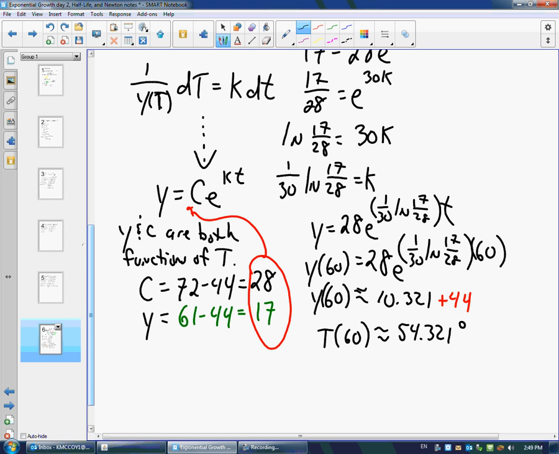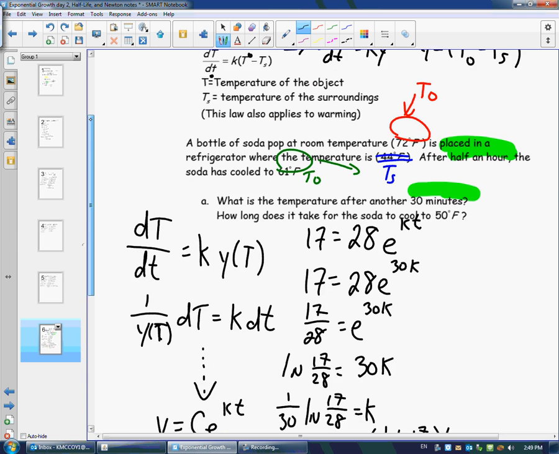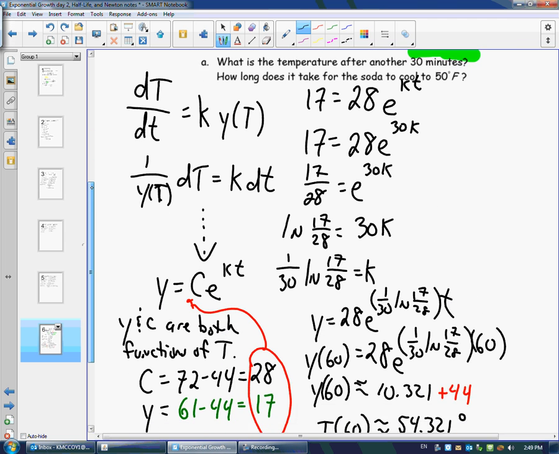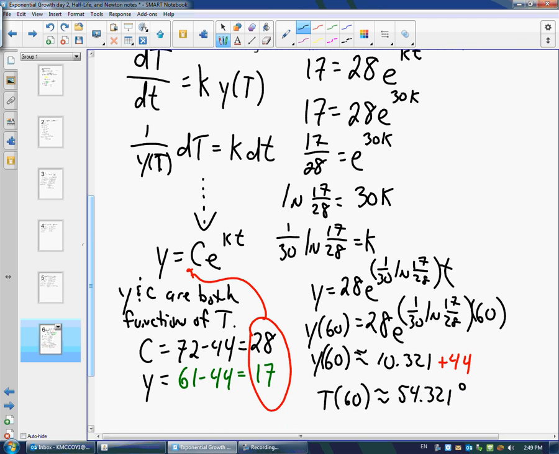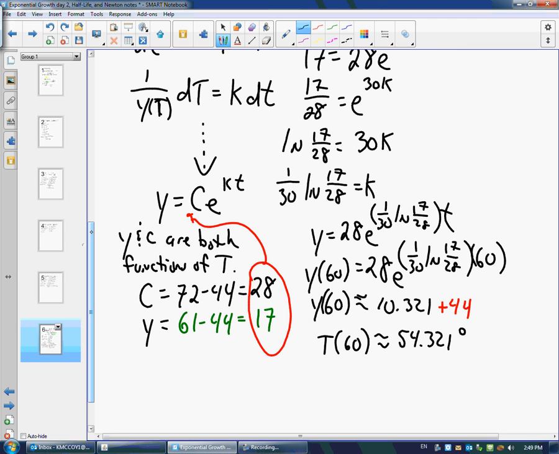And that's what we're looking at. That makes a lot more sense. So it took about an hour to get this can that started off at 72 degrees to cool down to 54.321 degrees. And as a matter of fact, what you should notice is that anytime you take an object from one surrounding and put it into another surrounding, it can never exceed or go below the surrounding temperature.